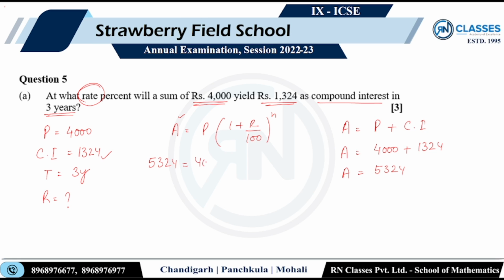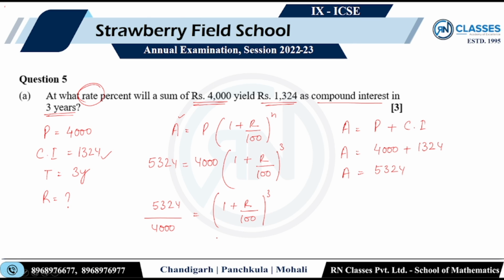Principal is 4000. 1 plus r by 100, rate तो निकालना है, raised to the power n. N is 3. Right? So 5324 by 4000 is equal to 1 plus r by 100 raised to the power 3.